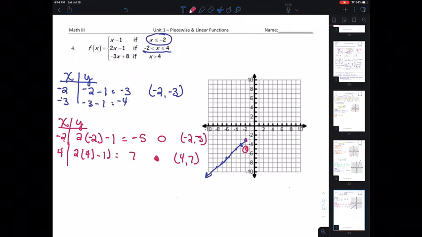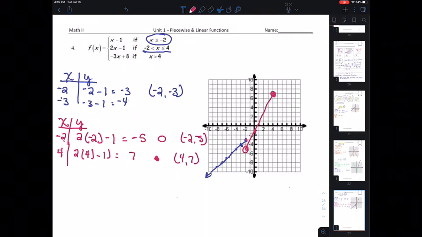We also know that when x is 0, this should be negative 1. And at 4, it's going to be 7, and it's a closed circle at 7. So our graph should look like this, going through negative 1, which is our y-intercept.